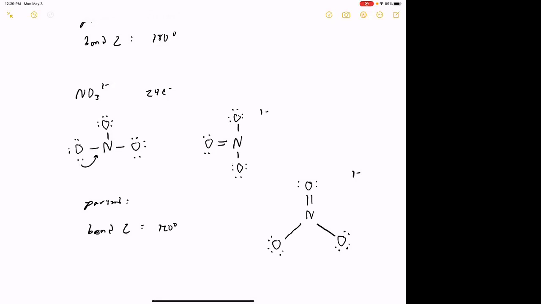Okay, so if you follow those bond angles all the way around, they're all 120 degrees. So what did we call that? We had a name for that. Anybody remember it? Isn't it the trigonal planar? Yeah, exactly. Trigonal planar. It's a triangle in a plane. Very good.